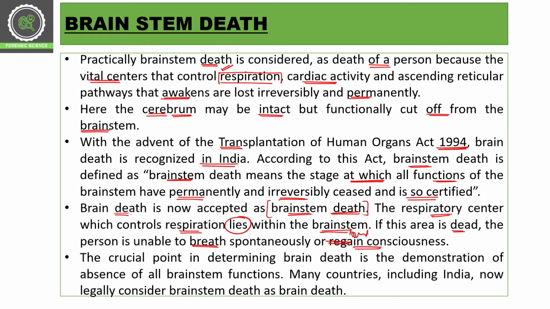The crucial point in determining brain death is the demonstration of absence of all brain stem functions. Okay, so the most crucial point is that brain stem cells lose all their function, and in many countries, which includes India, it is legal to consider brain stem death as brain death. Okay, so this is the main type of death.